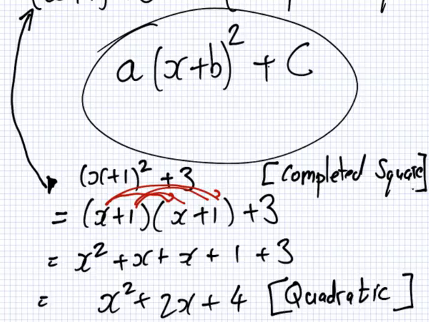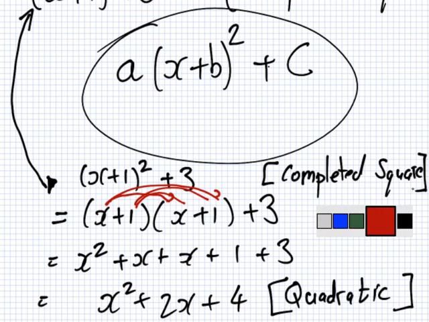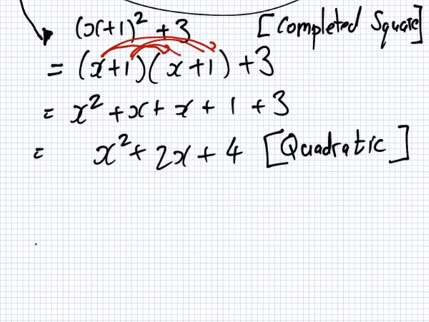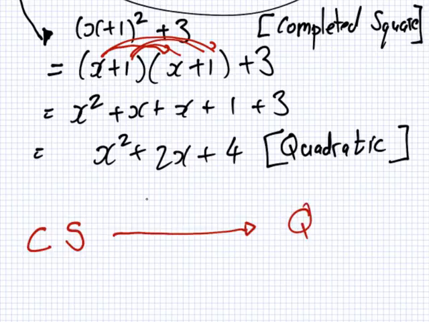Continue. So, what we want to do today, well, let's go down a little bit. So when you go from completed square to quadratic, the verb is expand.